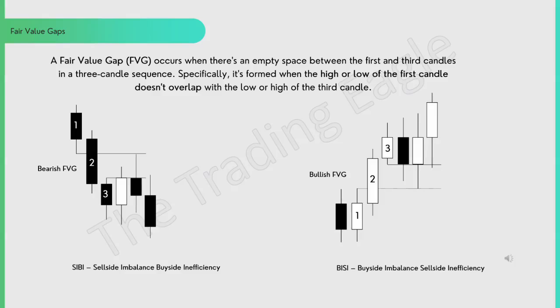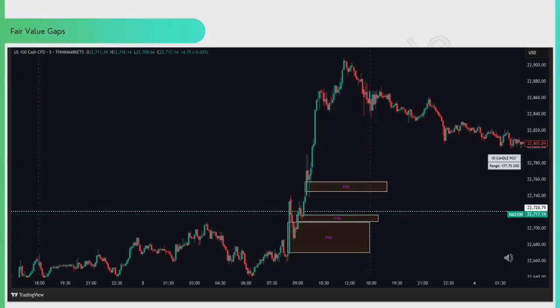Here are some examples of these gaps on the market. This is US 100, also known as US Tech, also known as Nasdaq. If you look at this, I think this is a 5-minute chart.